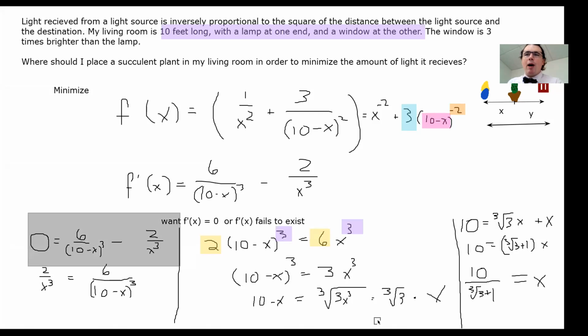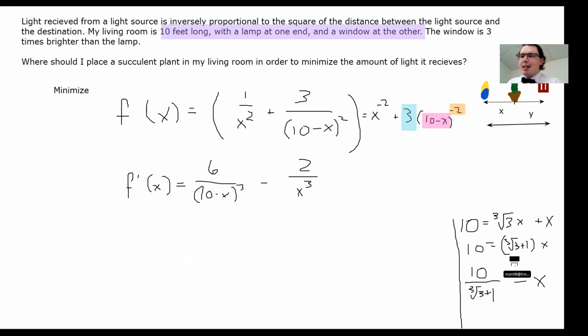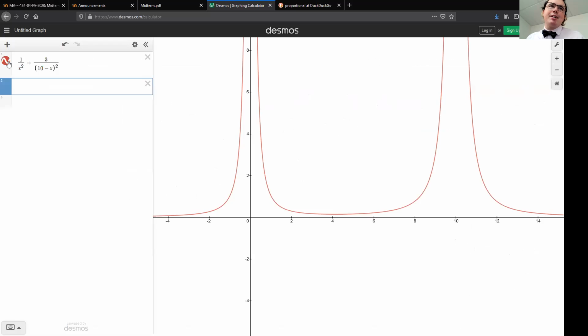Now, to actually check that this is a minimum, one thing that I can do is evaluate my derivative at coordinates to the left and to the right of this value. It's going to be a little bit more obvious if I graph this.